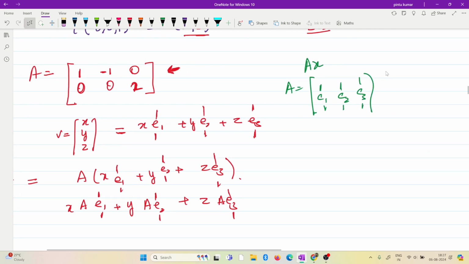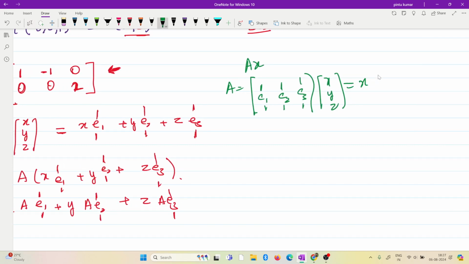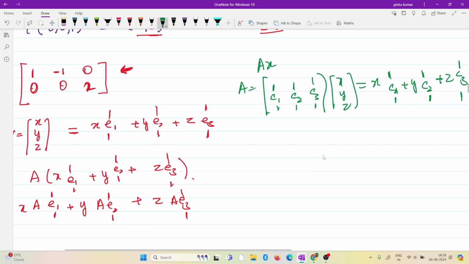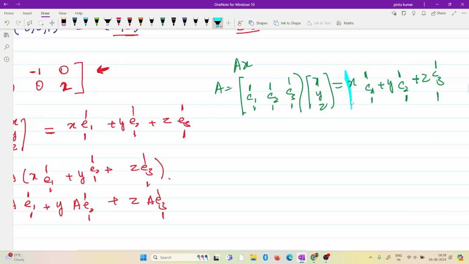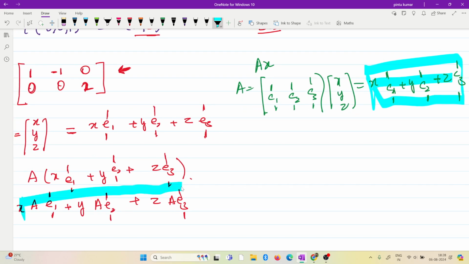If you multiply this matrix by a column vector x, y, z, this is nothing but x times C1 plus y times C2 plus z times C3, right? Can you draw some similarity between these two things that I have written, this statement over here and this over here?